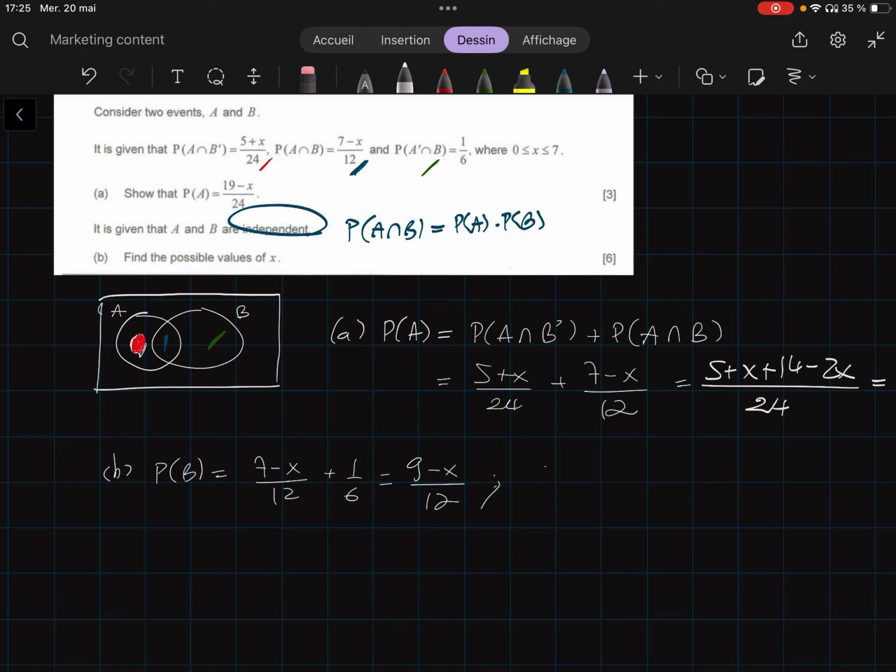We then know that P of A intersecting B is PA times PB. Probability of A, probability of B.